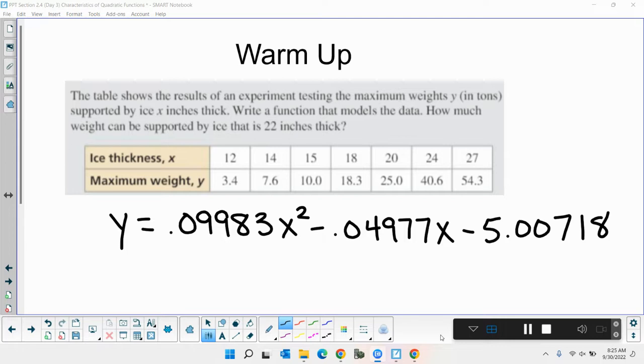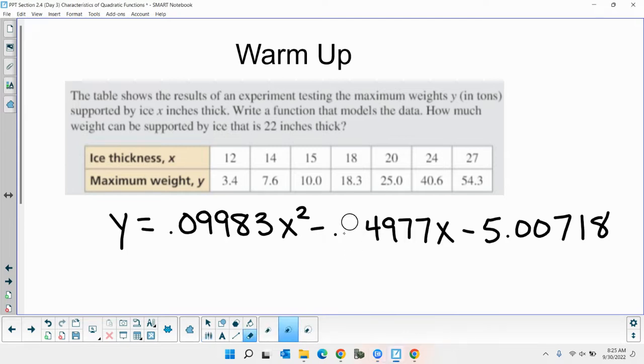Oh, maybe something's wrong. Yes, Connor. I thought it was just 0.4977, not 0.0. Oh, yeah. Okay. So this should be 0.4977.